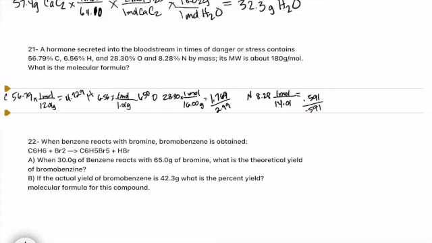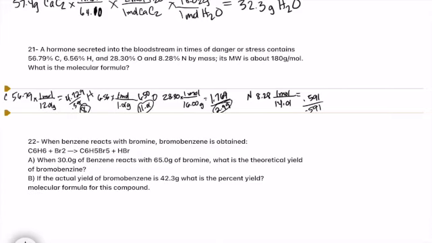I get 1, I get roughly 3. 6.5 divided by 0.591 gives me roughly 11. And this gives me 8.